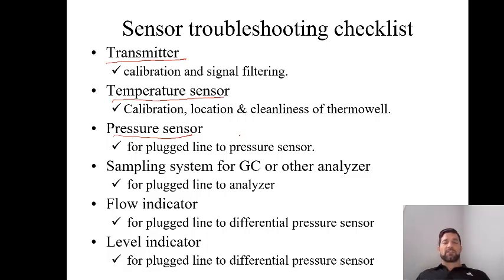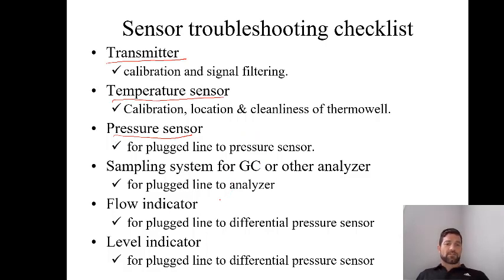So, for example, if you're measuring a higher temperature than you would expect, the problem that you assume should physically cause the sensor to read a higher temperature. If you're saying that the pressure is lower than the pressure that you expect, the problem that you're attributing that lower pressure to should physically cause the system to be at a lower pressure. So it's really important to think about what the problem is and how it affects the symptom, and make sure that your problem and your symptom are moving in the same direction.